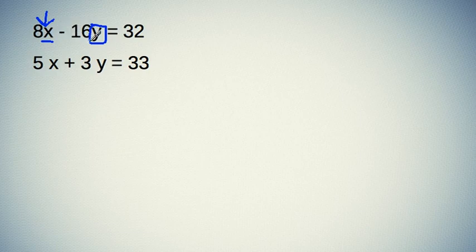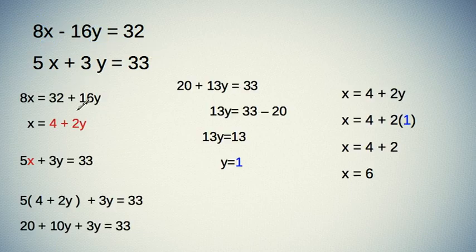This 16y that is negative, I don't want it there, so I'm going to pass it to the other side, and I'm going to do that by doing an addition of 16y here and an addition of 16y on this side in order for this term to get cancelled, and I get my 16y on the right side.